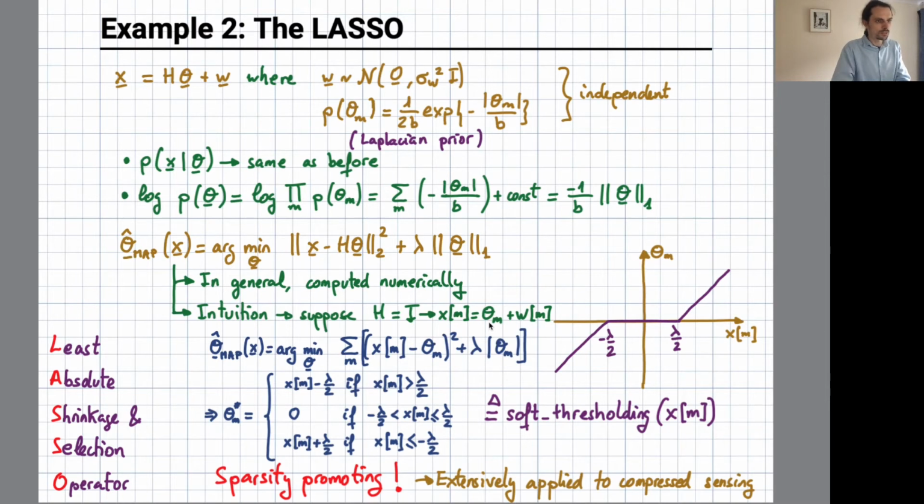This is called compressed sensing, and it has been applied virtually to every research area. There was some time where everybody was publishing papers on applying these sorts of concepts to a specific application.